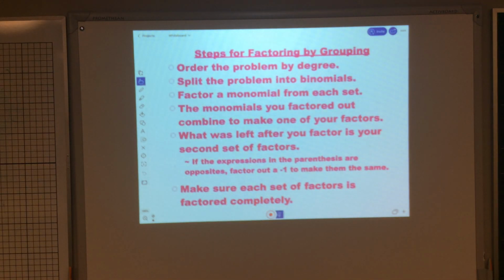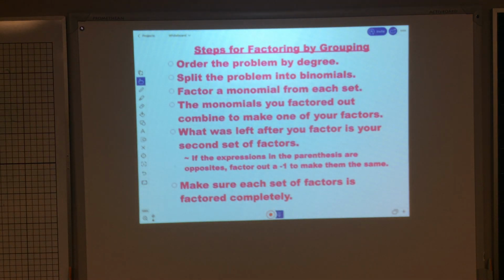Our steps for factoring by grouping. First, make sure the problem is ordered by degree. Remember, your degree is your exponent, so you need to write it from biggest exponent to smallest exponent. Then you split the problem into binomials, so you have 2 terms here and 2 terms back here.